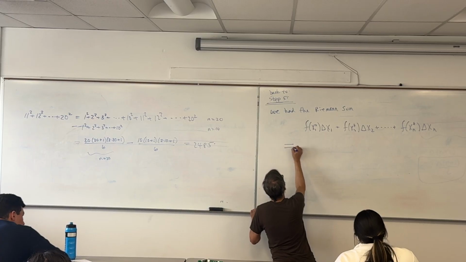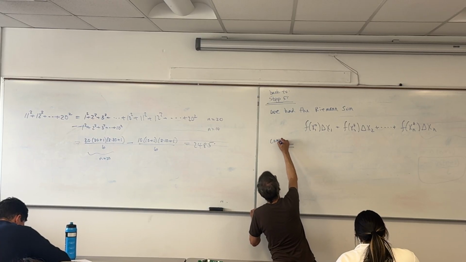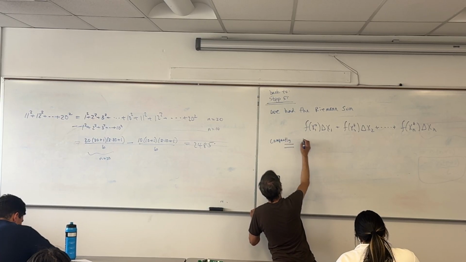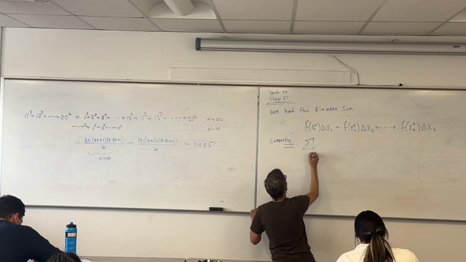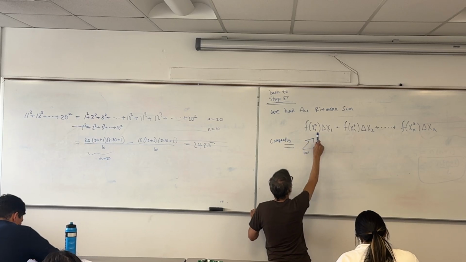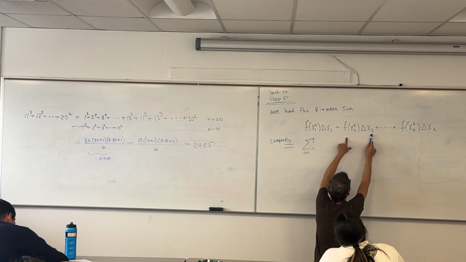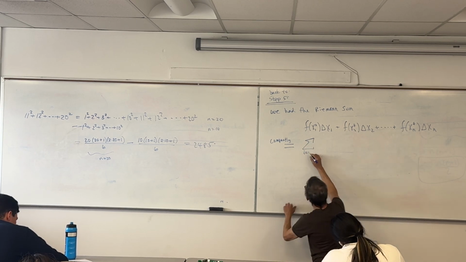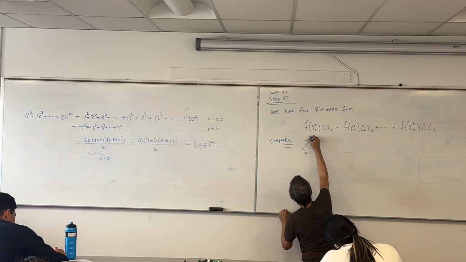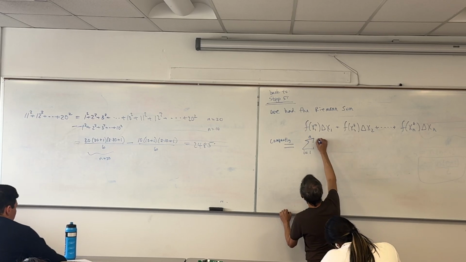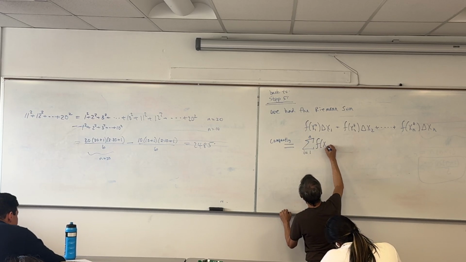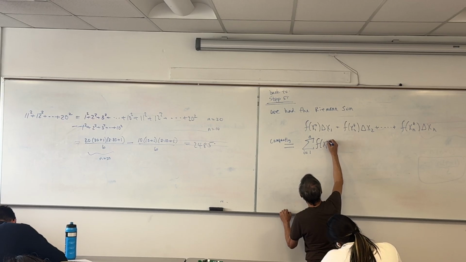So let's use notation. Compactly, this is the sum as i goes, look what's moving, this little index goes from 1 to 2 all the way up to n. So I'm going to start it at 1, end it at n, and then I have whatever my function is at x sub i star delta x sub i.